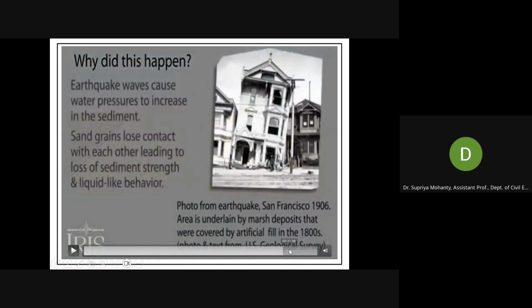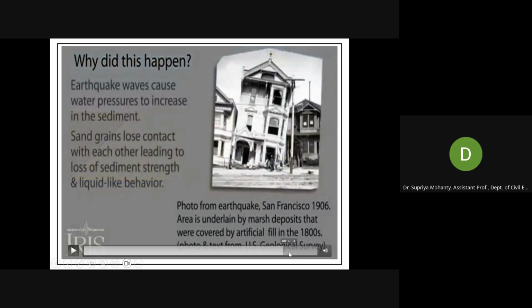So the structure collapsed due to this increase in pore water pressure and loss of this particle to particle contact and this loose sediment layer which was present at shallow depth.